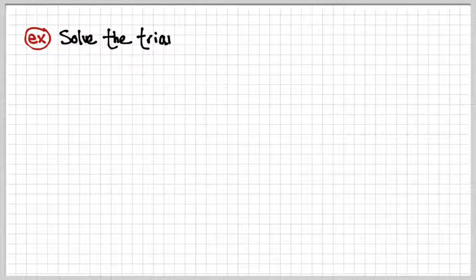So on your quiz, or on your test, all I'll ask you to do is to solve the triangle. And this is going to be called triangle SUN, or triangle sun. CPM likes to jazz it up a little bit. All solving the triangle means is you need to find all the missing sides and angles.